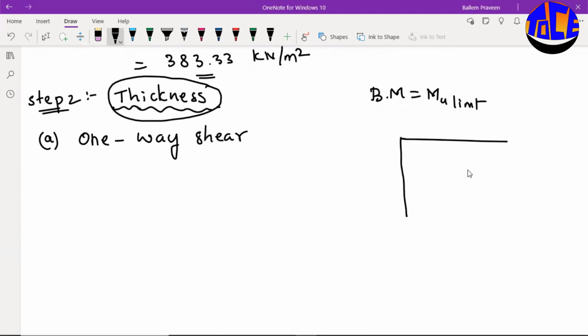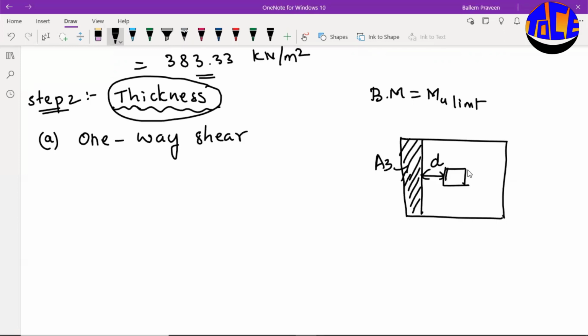If this is your footing and here you have a column, for one-way shear the effective section will be from the face of the column to a distance of d. This is your d, the effective depth of your footing. This will be your critical section.